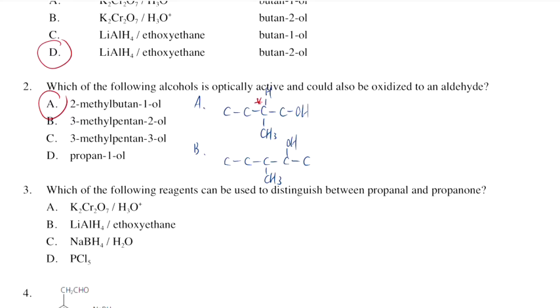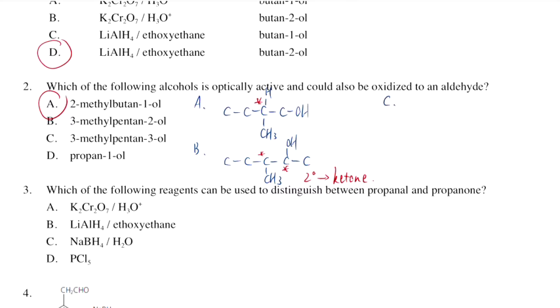It actually has 2 chiral carbons here, this one and also this one. So it's optically active, yes, but then we also need to check whether it can be oxidized to an aldehyde. This one is a secondary alcohol. Secondary alcohol will be oxidized to a ketone, not an aldehyde. So B is not the correct answer.